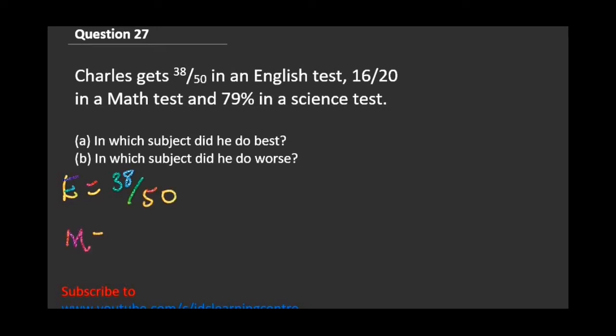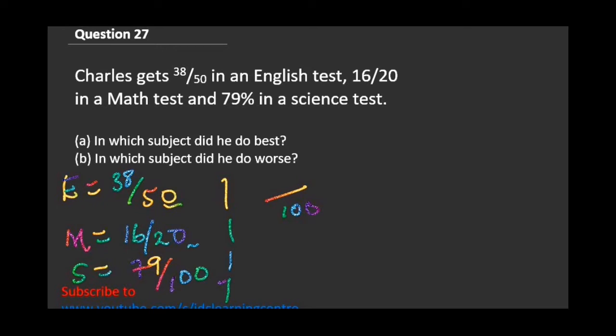Math equals 16 over 20. And science, 79%, is the same thing as 79 over 100. To compare them, let's look for their LCM. The LCM of the denominators 50, 20, 100 will give me 100.